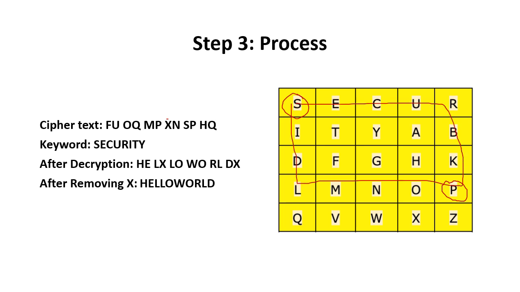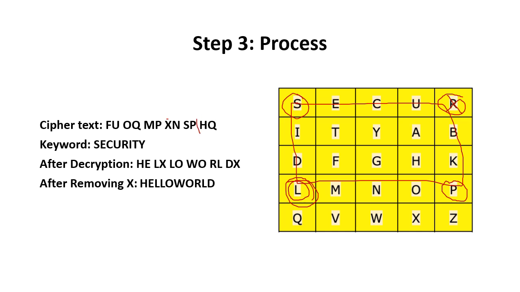So we have to form a rectangle and take the elements which are at the corners. For S we have this R, right? And for P we have this L. So we are going to replace this SP with R and L.